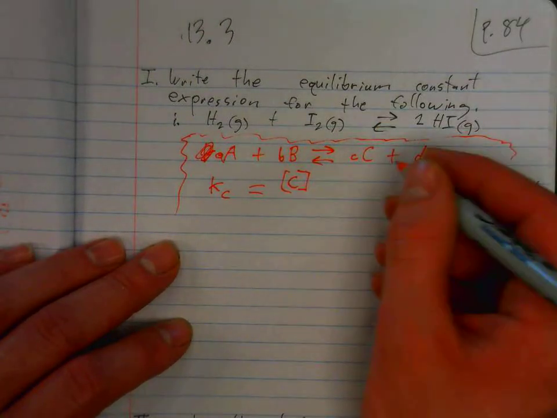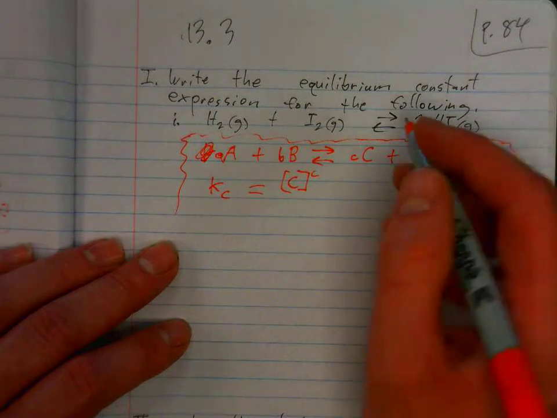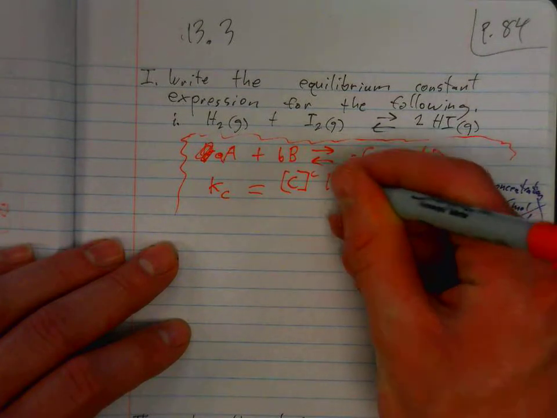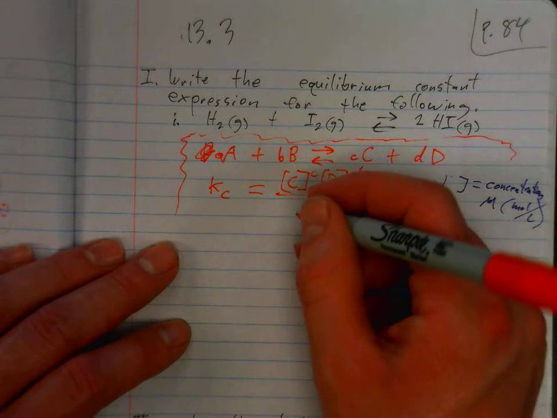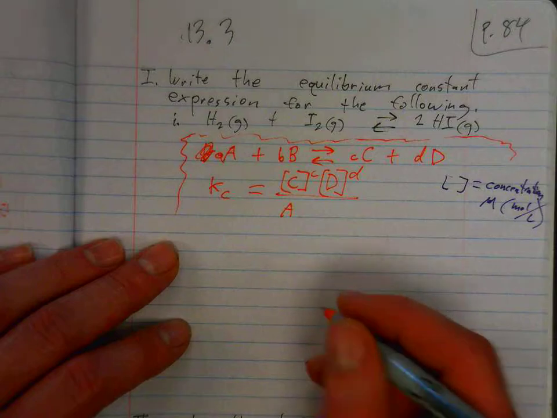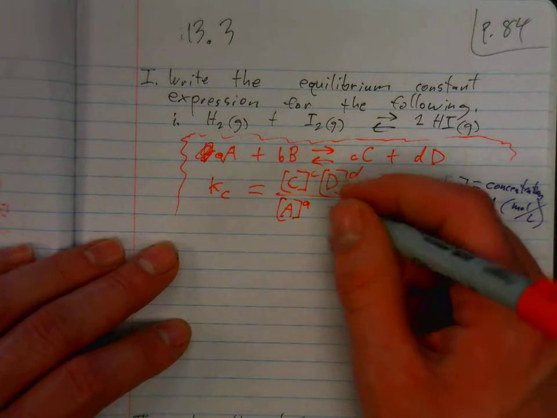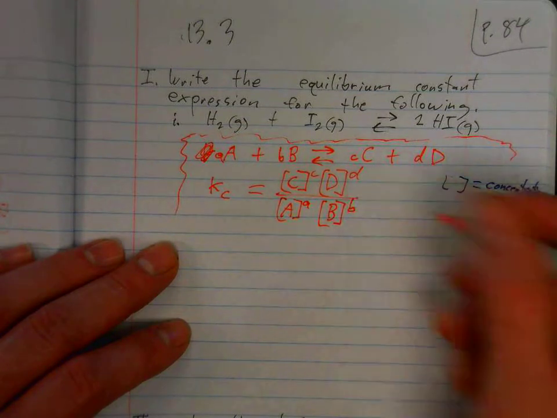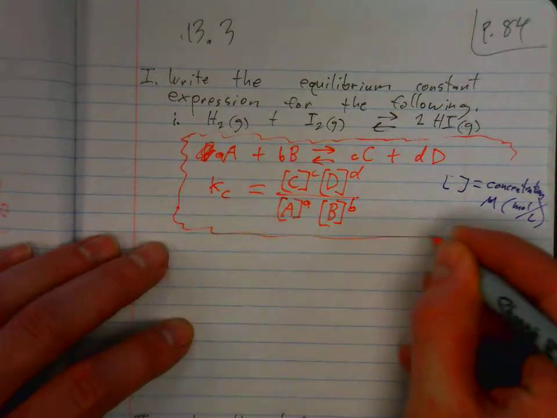So the concentration of the products raised to the power of the coefficients, multiplied together, all divided by the concentration of the reactants raised to the power of the coefficients of the reactants. So this is our generalized equilibrium expression.